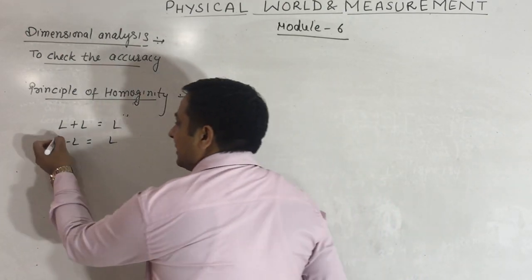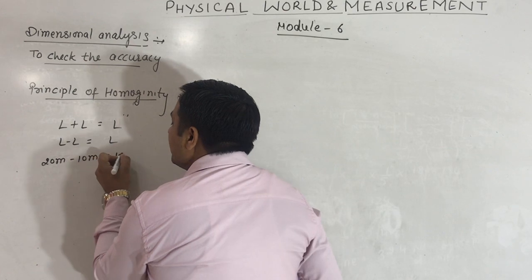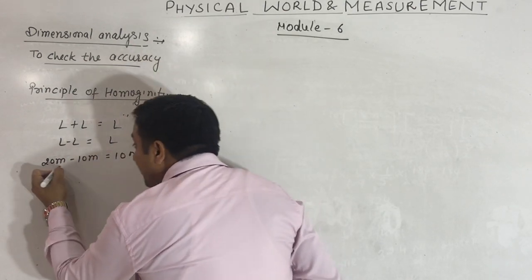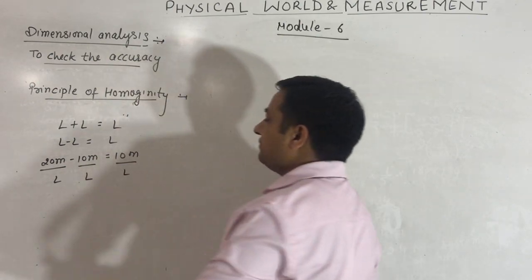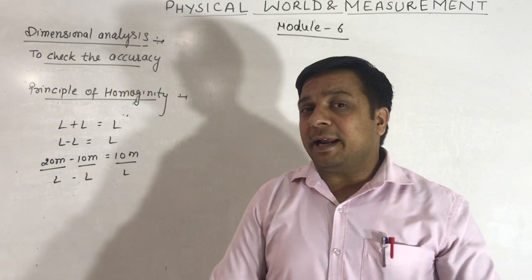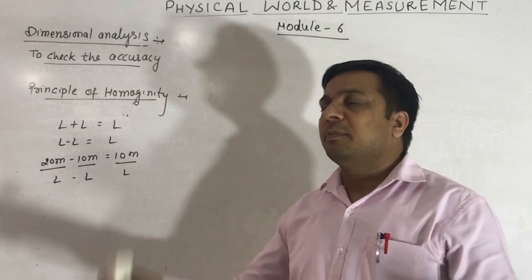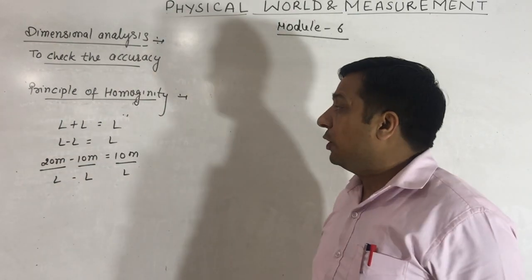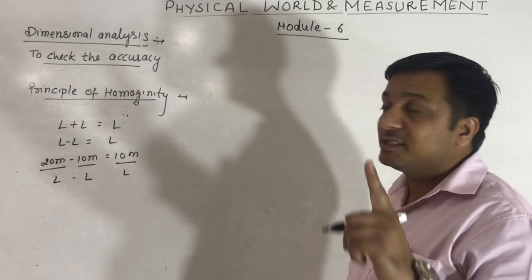Suppose one length is 20 meter and another is 10 meter, the result will be 10 meter, which is again L. So you can add or subtract length and length, breadth and breadth, height and height, mass and mass, volume and volume. The same nature of quantity, the same dimensions, can be added or subtracted.